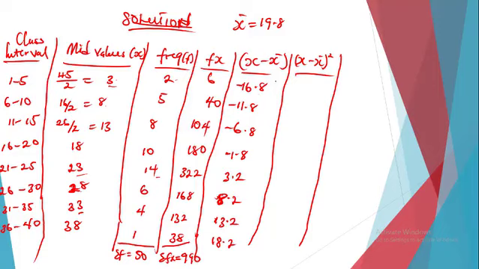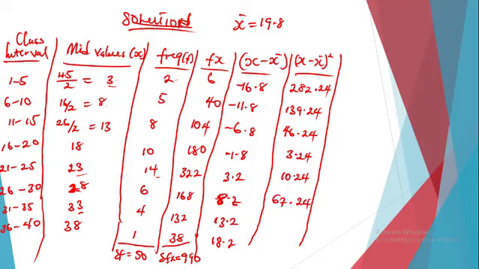So we have 16.8 squared to give us 282.24. Okay, 11.8 squared will give us 139.24. Minus 6.8 squared will give us 46.24. Minus 1.8 squared will give us 3.24. 3.2 squared will give us 10.24. 8.2 squared will give us 67.24.